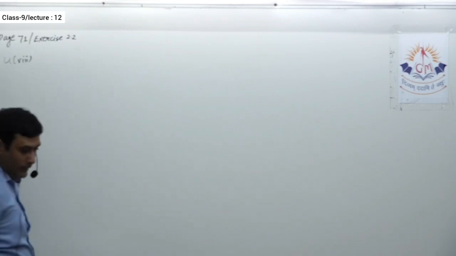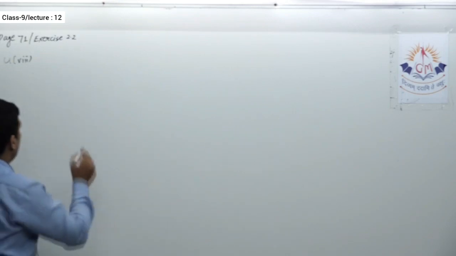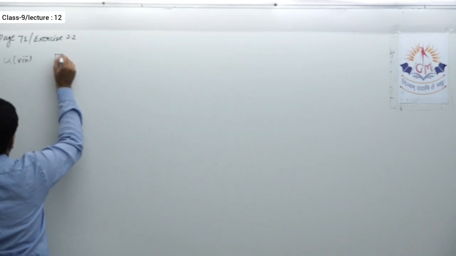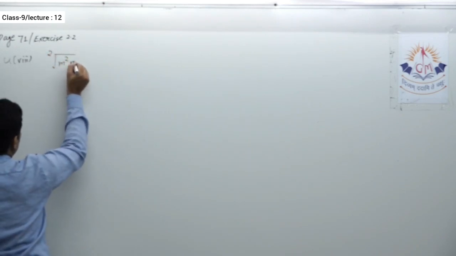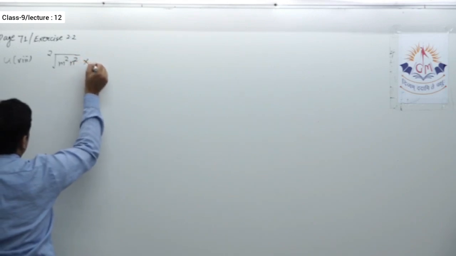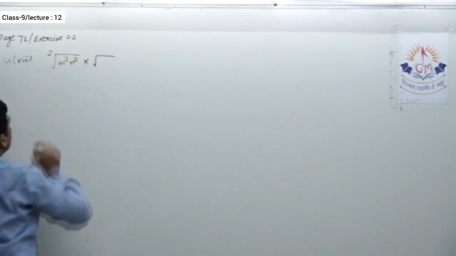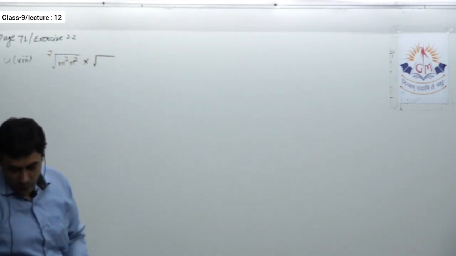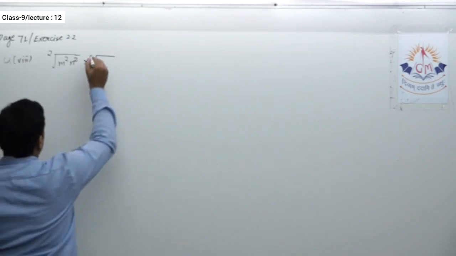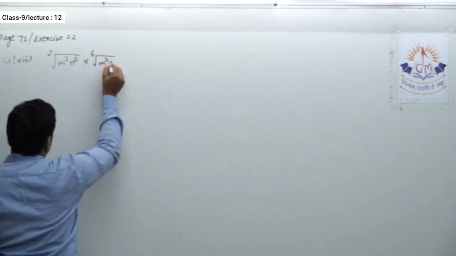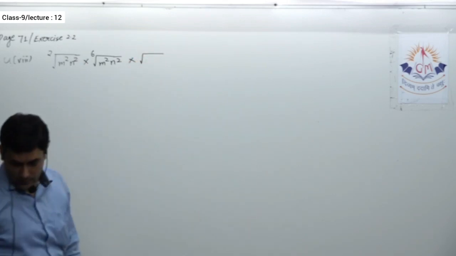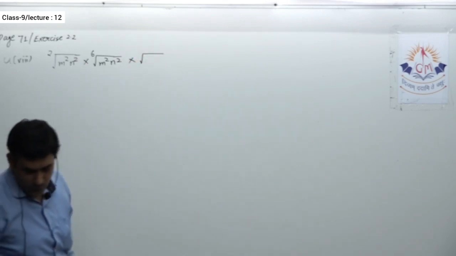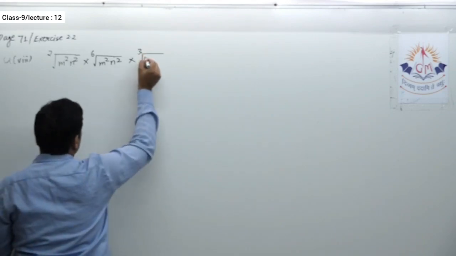Again we have to multiply. So second root of m square n square. Here it is given as second root, but even if it is not given, by default it is considered as second root. Sixth root of m square n square, and finally multiplied by third root of m square n square.